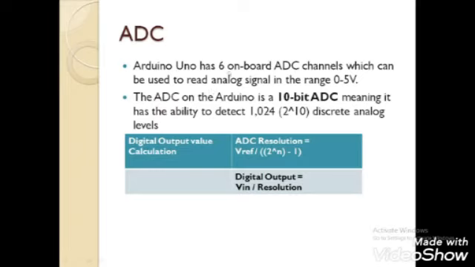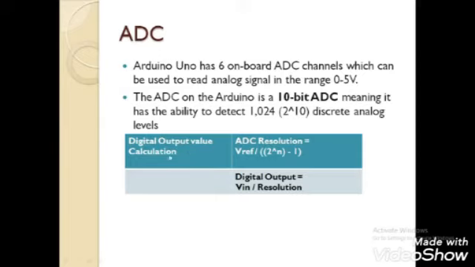The Arduino Uno has 6 onboard analog to digital converter channels that can be used to read an analog signal in the range of 0 to 5 volts. The ADC on the Arduino is a 10-bit analog to digital converter, meaning it has the ability to detect 1024, that is 2 raised to 10, discrete analog values.